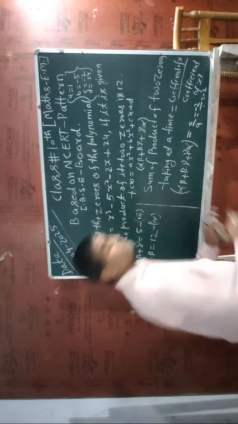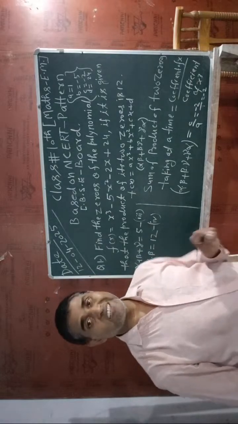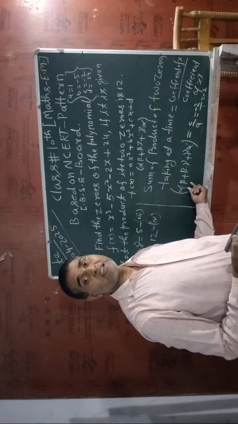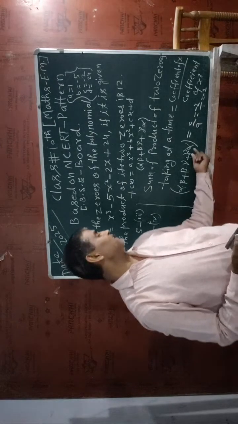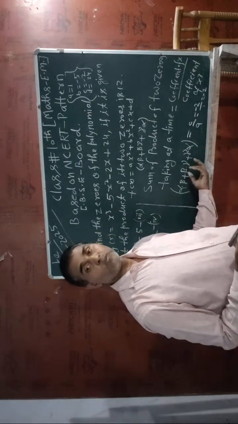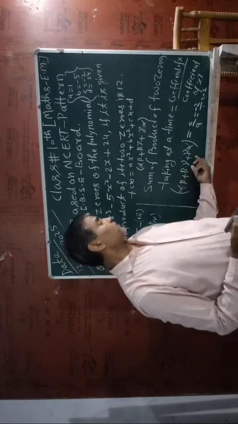Okay, students, at a time I have taken two roots alpha and beta, two roots beta and gamma, and two roots gamma and alpha, and we take the sum of these three products.